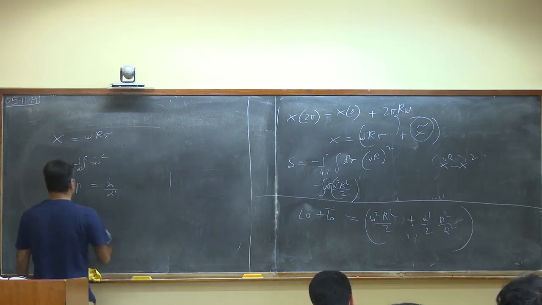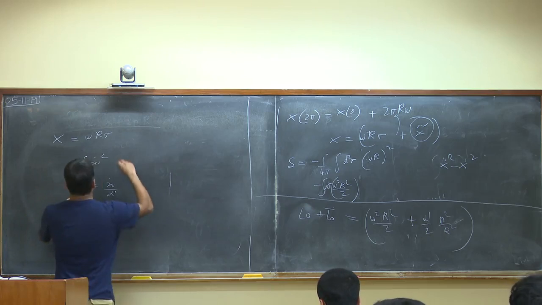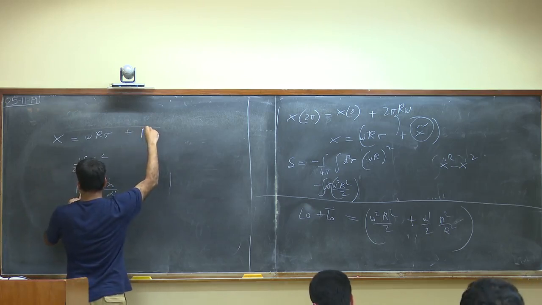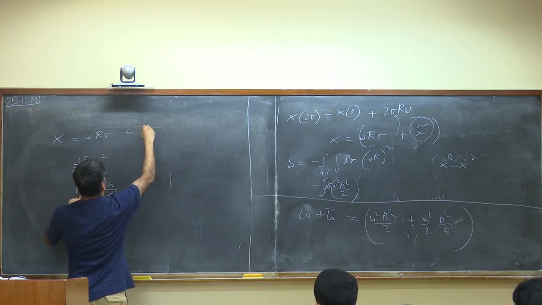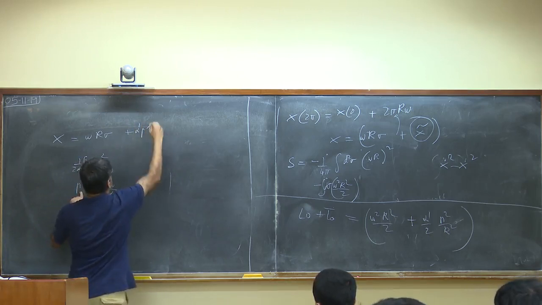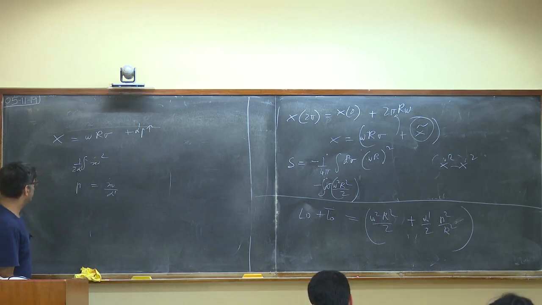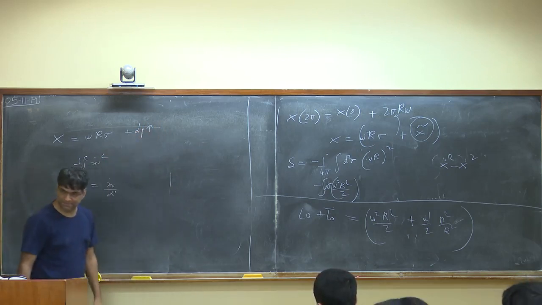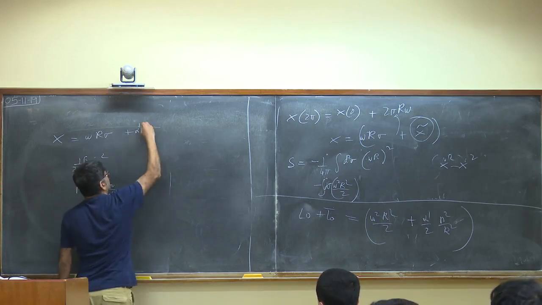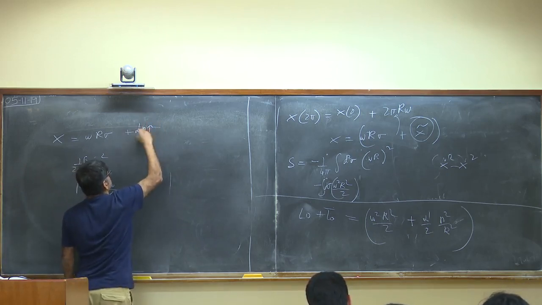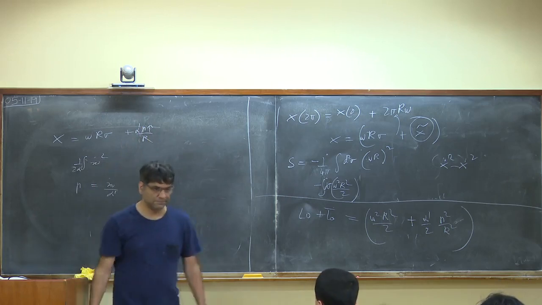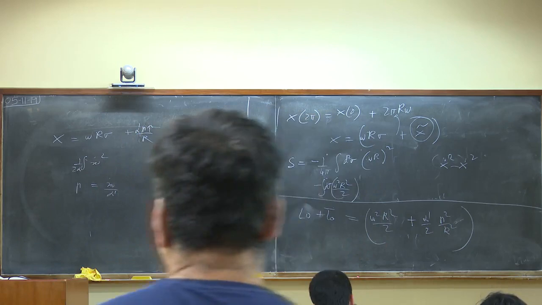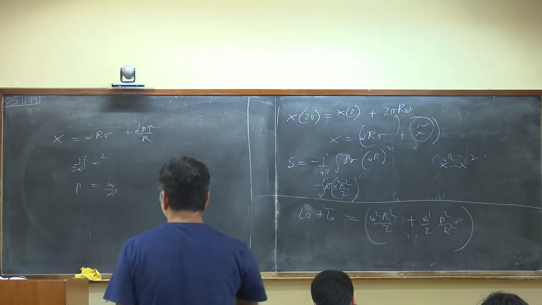And therefore we should write plus p alpha prime tau, right? Because then x naught dot by alpha prime would give us p. But p was n by r. Okay? So in the zero mode sector, this was the expansion of x.